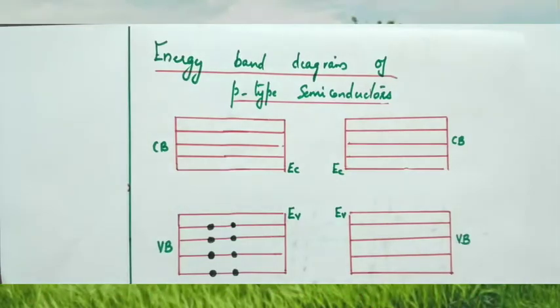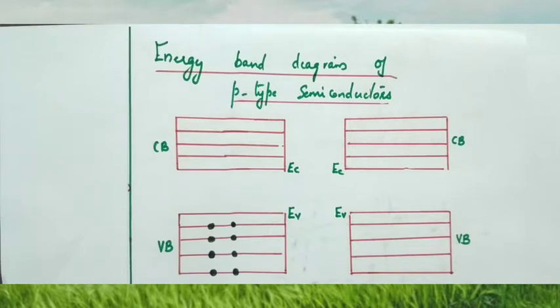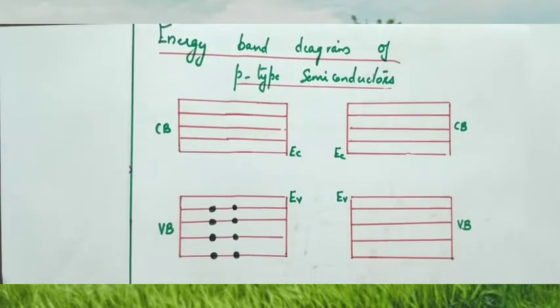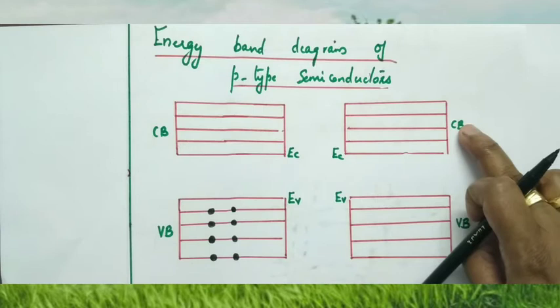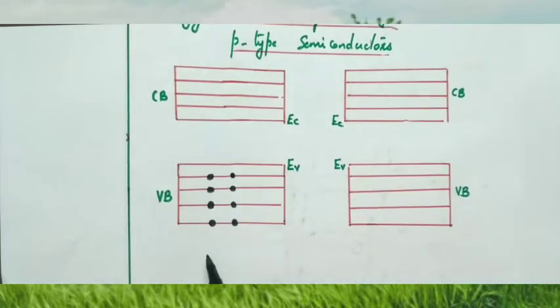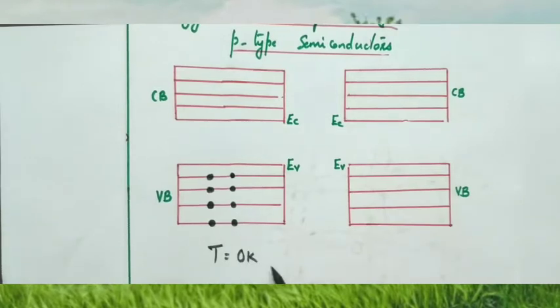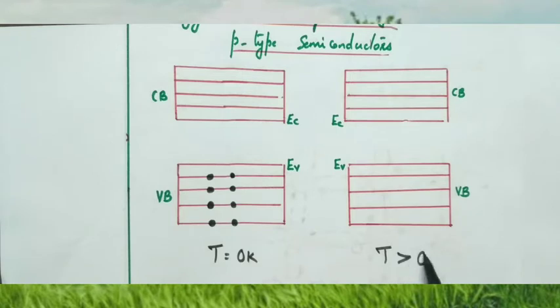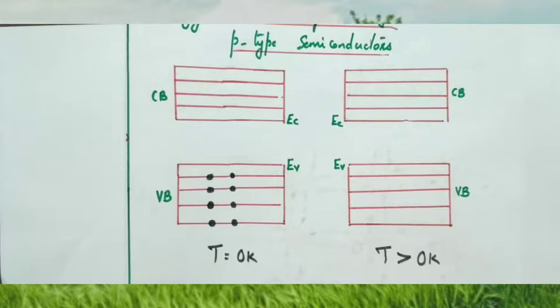Now we can discuss the energy band diagram of p-type semiconductors. We know it consists of a valence band and a conduction band. This is the energy band diagram when T is equal to 0 Kelvin; we can also consider temperatures much greater than 0 Kelvin. First we draw the energy band diagram for 0 Kelvin.